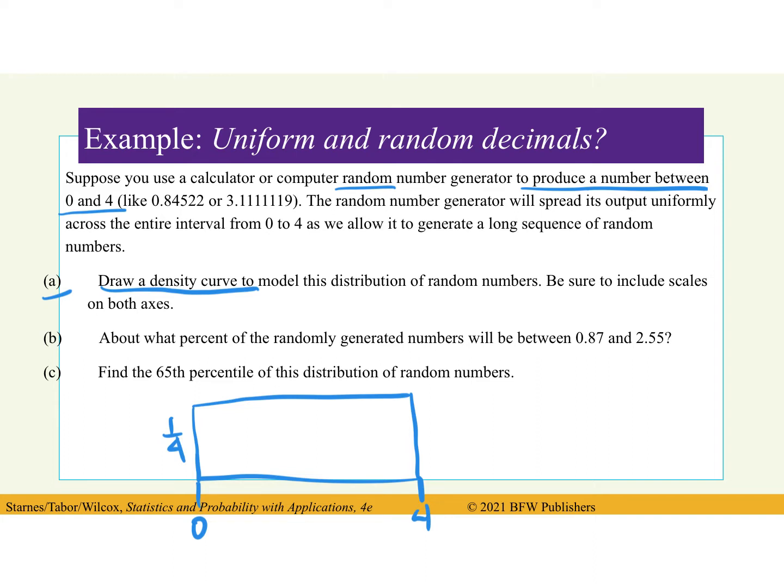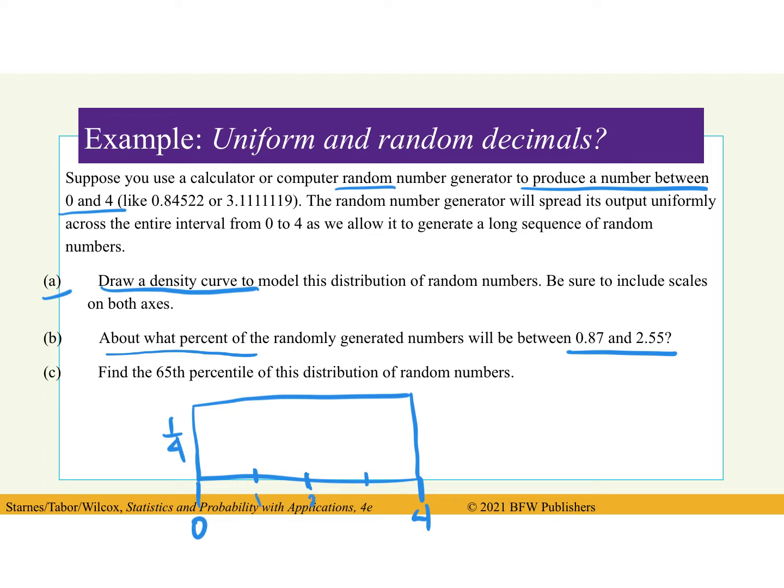Okay? Then it says B, about what percent of the randomly generated numbers will be between 0.87 and 2.55. So let's divide this up here.